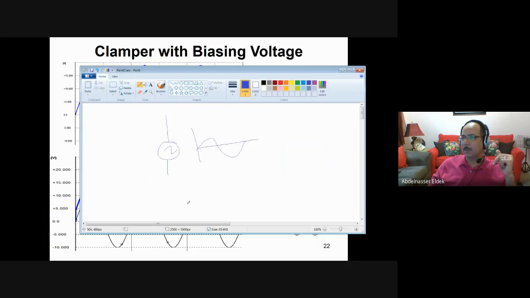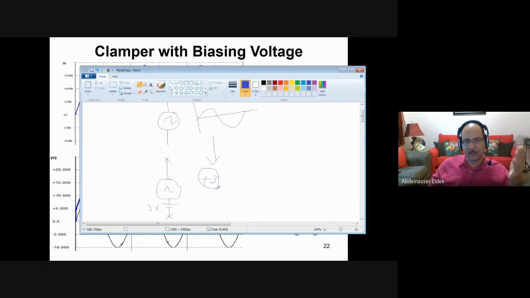If you add a voltage source to it like this, and you add, for example, 3 volt, so now what is the output between these two nodes? It will be this sine wave plus 3. So you add an offset here, but you add an offset using a DC power supply.